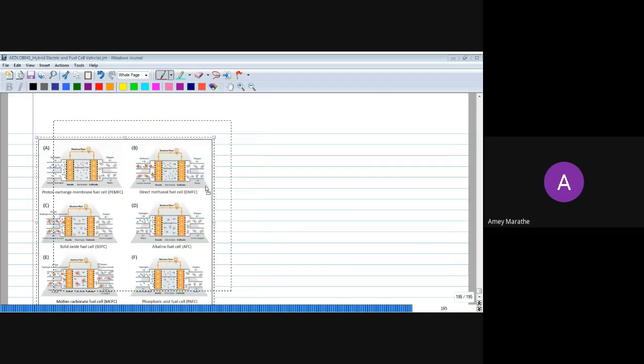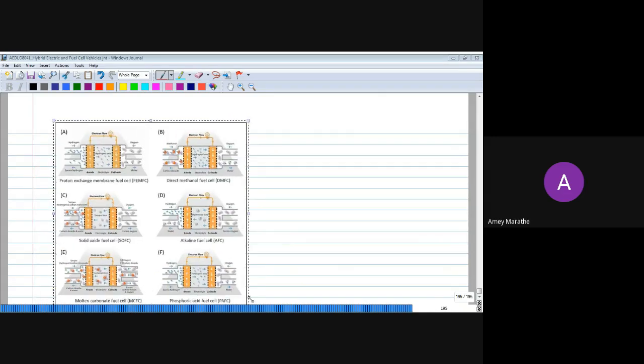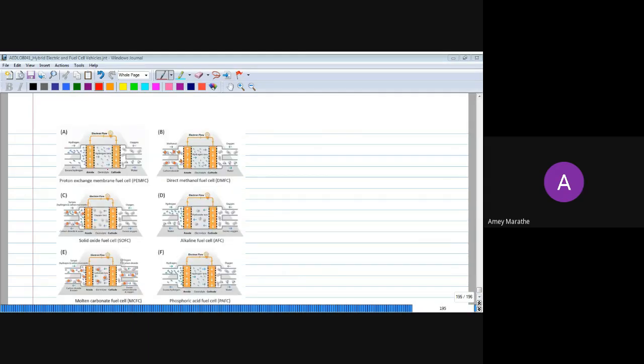Another picture, again a consolidated one. I'm just winding up the entire discussion here. So again, all the different types of fuel cells in one picture. This is how you can also draw this picture. So you see the electron flow, the hydrogen, oxygen which is provided, hydrogen ions which are moving from anode to cathode. Similarly, this is proton exchange membrane, this is direct methanol, this is solid oxide.